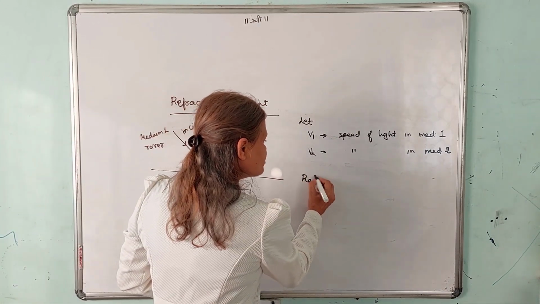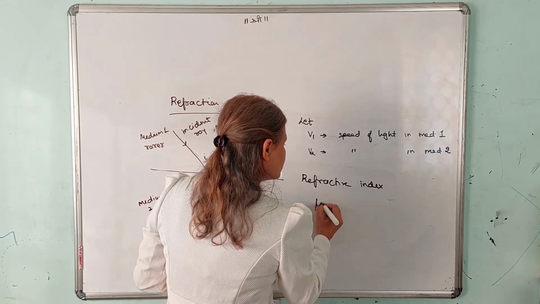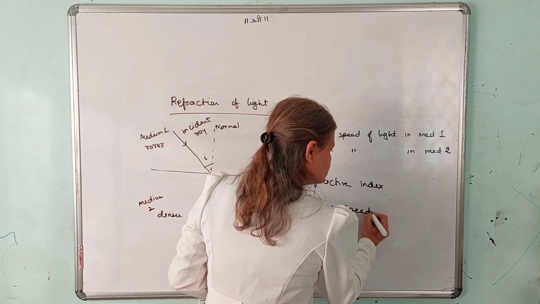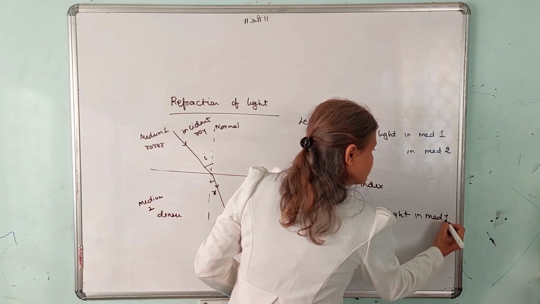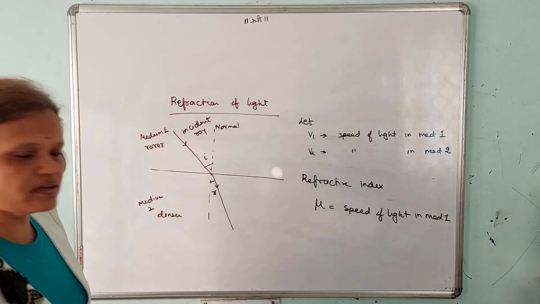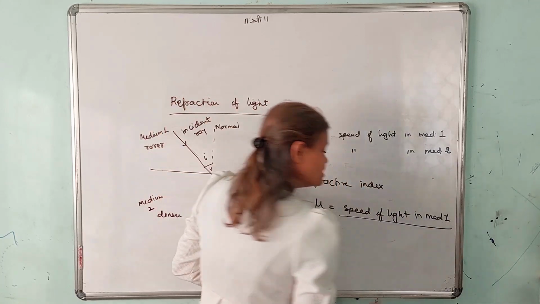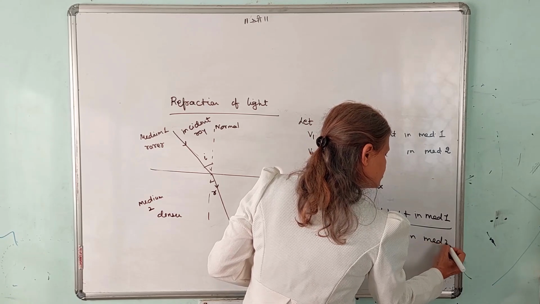So refractive index, denoted by mu, is the speed of light in medium 1. Medium 1 here means from where it is entering. Speed of light in the medium from where the light is entering divided by the speed of light in medium 2.